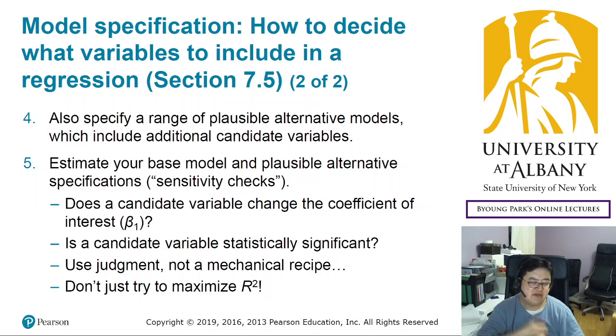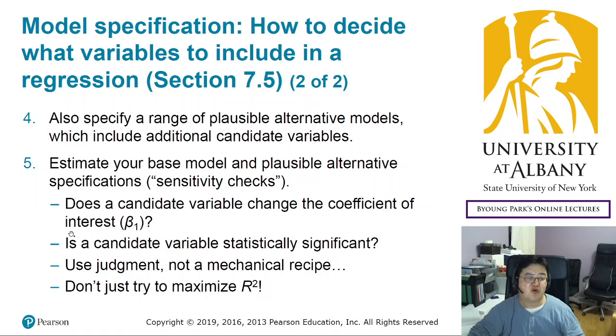Even if that is not possible, you have to think about how the patterns of the results change when you change the model. This is called a sensitivity check. For example, if you include more variables, the coefficient may decrease, which implies the original coefficient was overestimated.